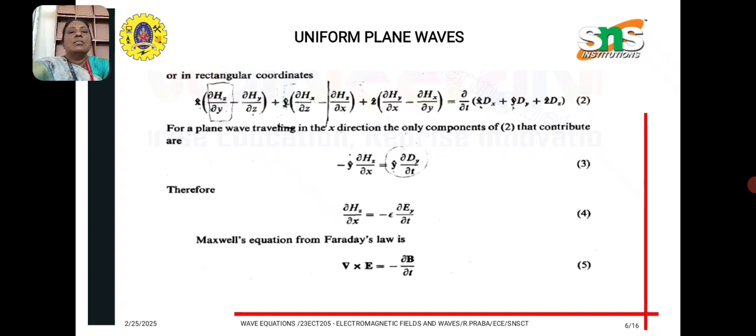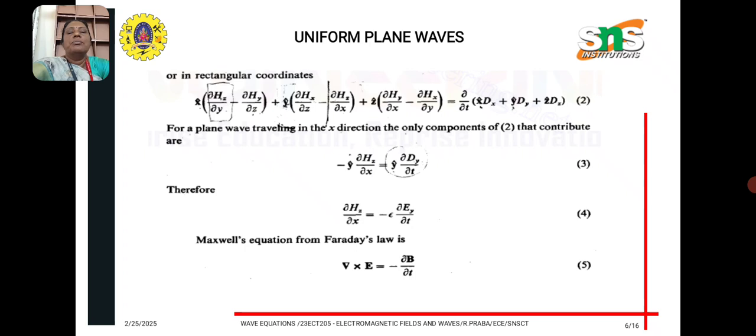And we can write ∂Hz/∂x is equal to minus epsilon ∂Ey/∂t, because the unit vectors y cancel on both sides, and we know the relationship between displacement density vector and the electric field is D is equal to epsilon E. So that we can write the equation ∂Hz/∂x equal to minus epsilon ∂Ey/∂t, and this epsilon is called the permittivity of the medium.